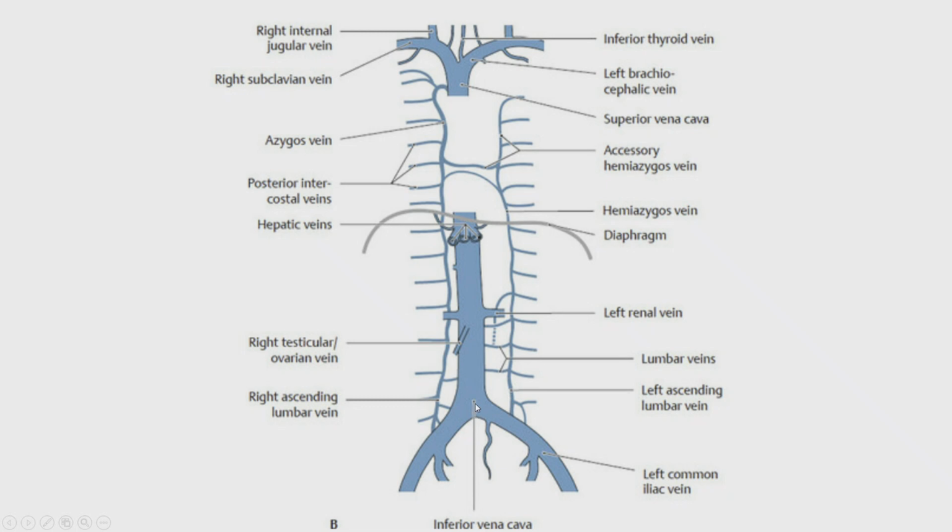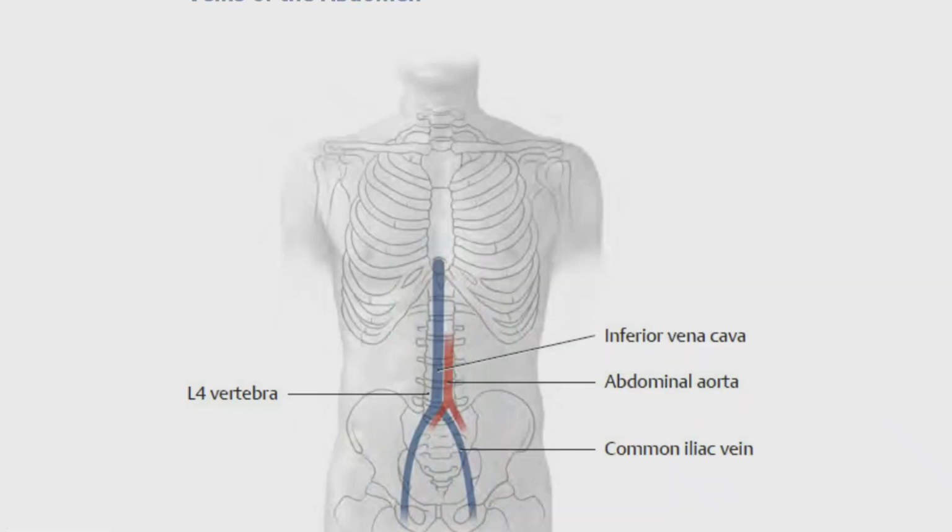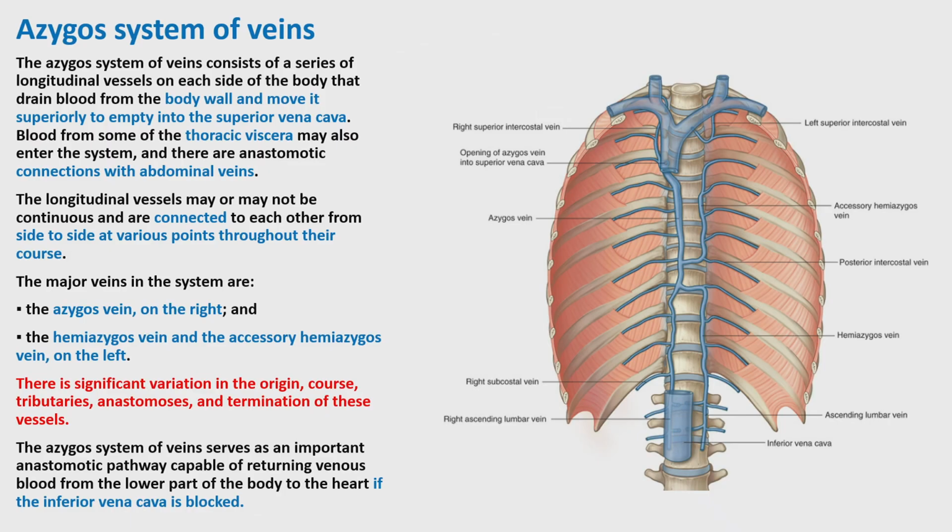Then they go upward, and it perforates the central tendon of the diaphragm through the opening called the foramen of the inferior vena cava, and after a short course, it goes to the right atrium from below. So these are the two major circulations and two major veins that we are going to discuss in detail.